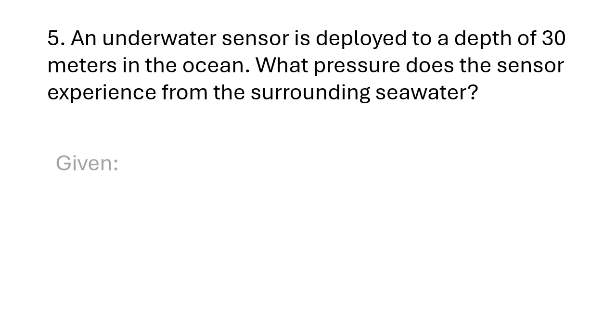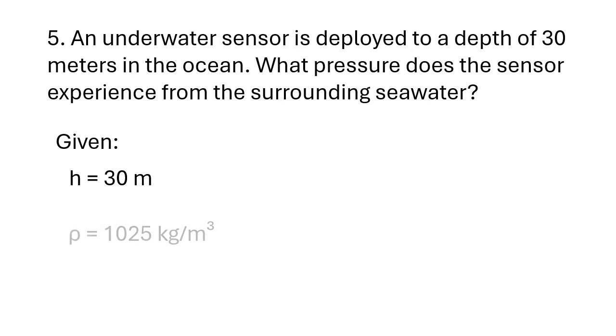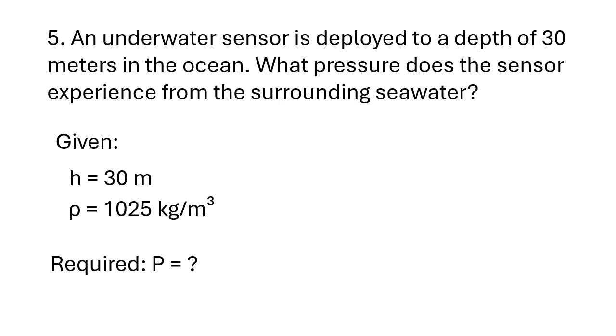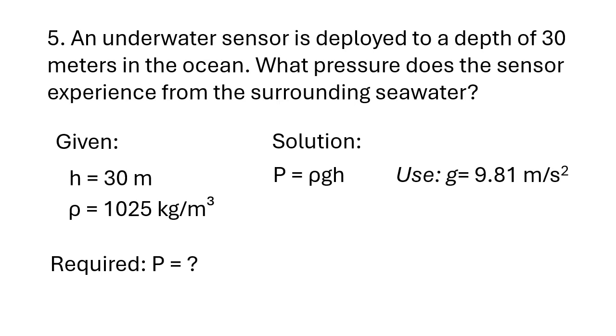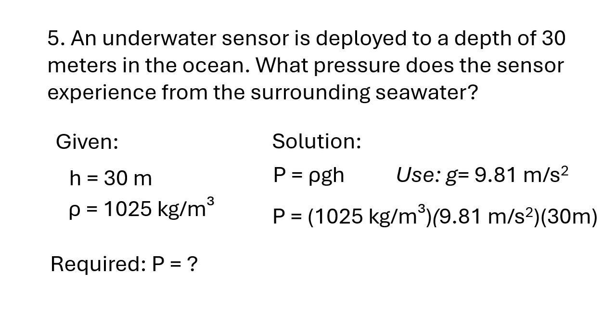From the problem, we know that height is 30 meters and density of the seawater is 1,025 kilograms per cubic meter. We're asked to find pressure. So we use the equation P equals density times gravity times height. Remember to use G equals 9.81 meters per second squared.